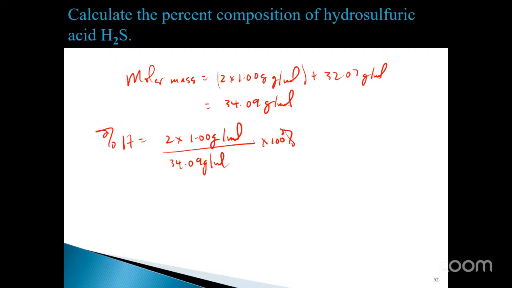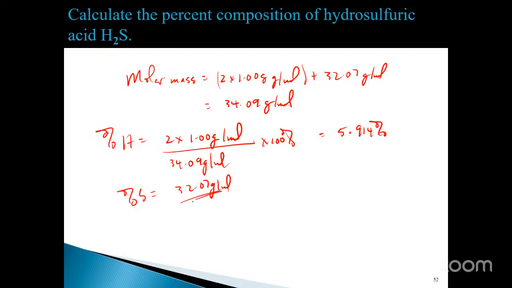So 2 times 1.008 divided by 34.09 times 100. According to my calculations, this works out to be equal to 5, how many sig figs? Okay, 4 sig figs, so 5.914. Right? And then we do a similar calculation for the sulfur. So sulfur is 32.07 grams per mole.